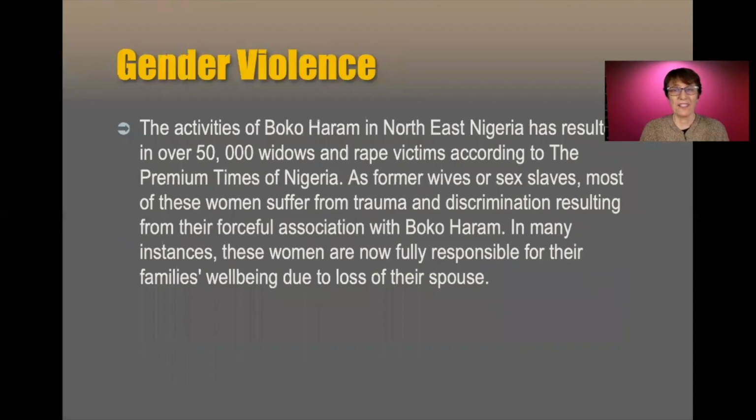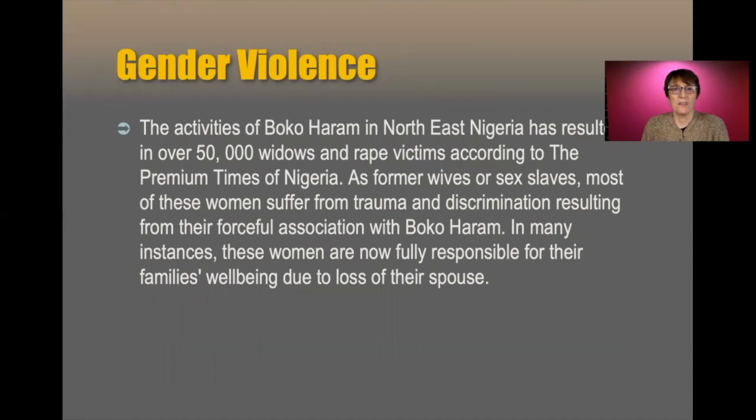There's also extreme gender violence. With the activities of Boko Haram in northeastern Nigeria, it's resulted in 50,000 widows. That's because their husbands were killed, right? And then they become rape victims.